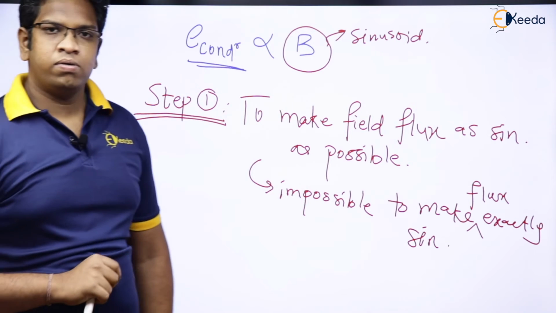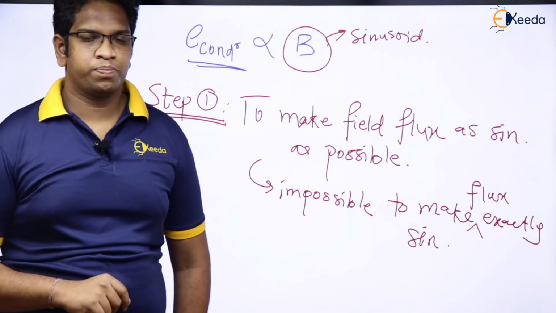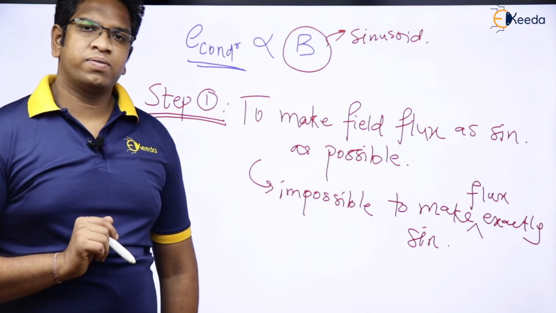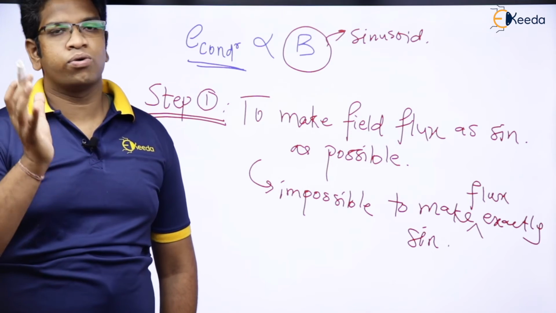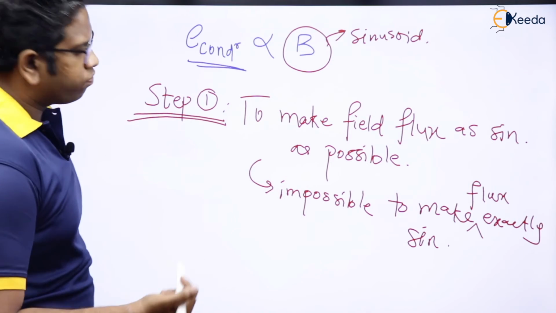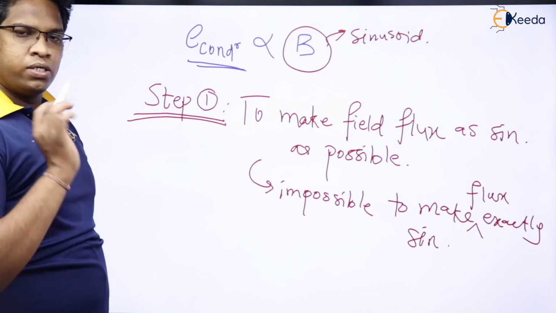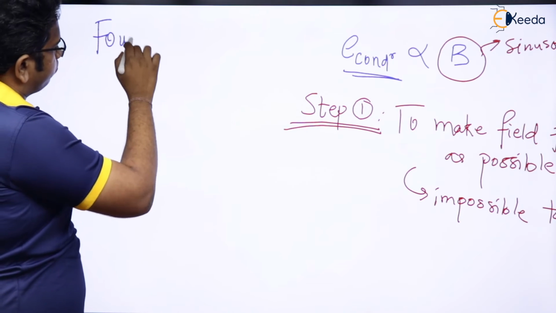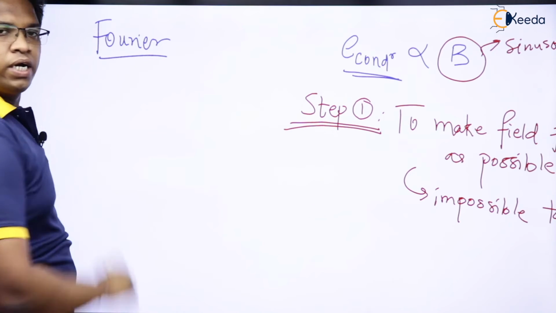Now, let me think of harmonics. Actually, what happens is people think that harmonics is something so great. No. Harmonics is very simple. Believe me. What is harmonics? Let us see. See here. There was a scientist named Fourier. What did he say?